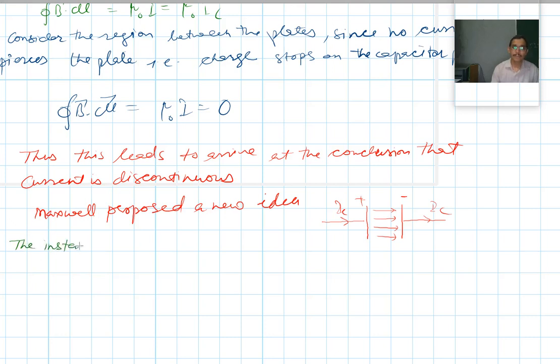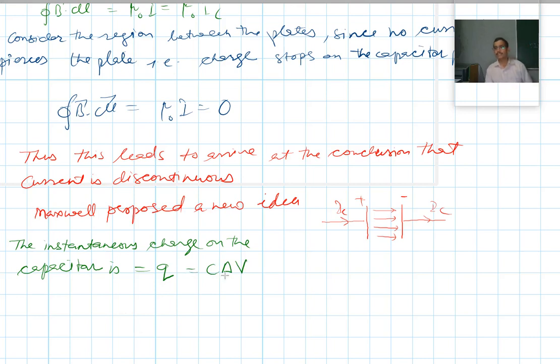The instantaneous charge on the capacitor is given as Q is equal to C delta V, where delta V is the instantaneous potential difference.